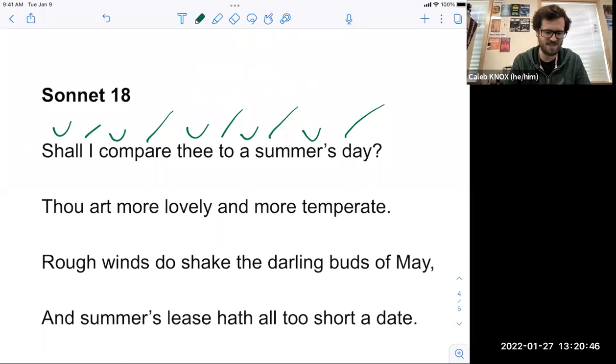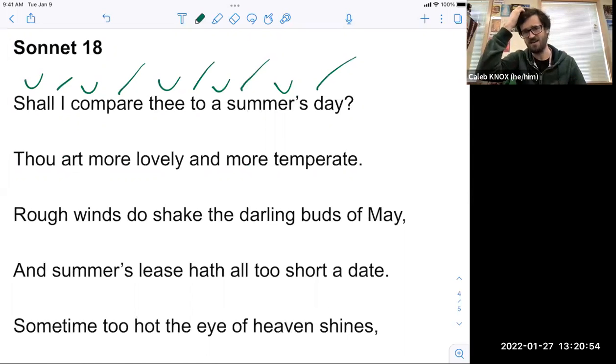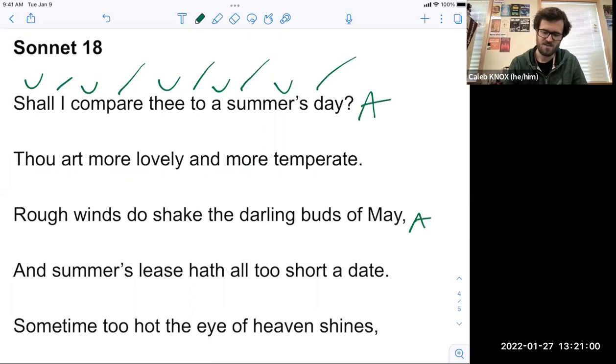Now let's look at the rhyme scheme or the pattern of rhyming. The way you designate that is you give each rhyming sound at the end of the line a letter. So day rhymes with May. Temperate rhymes with date, or it would in Shakespeare's day in his accent. So A-B, day, May. Temperate, date.